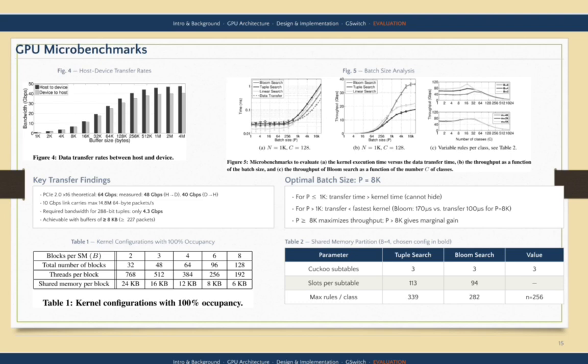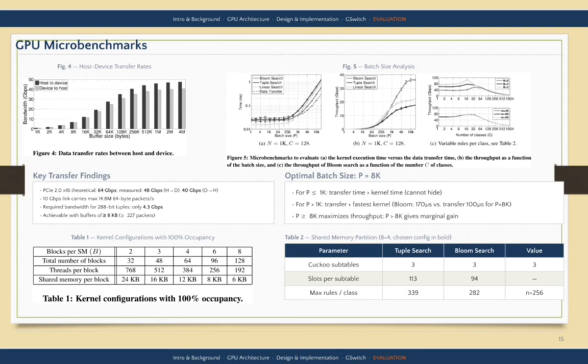Throughput increases as the batch size grows and reaches its peak performance at around 8K packets per batch. The results also show that the kernel achieves full occupancy and efficient use of shared memory, which helps improve packet classification performance.